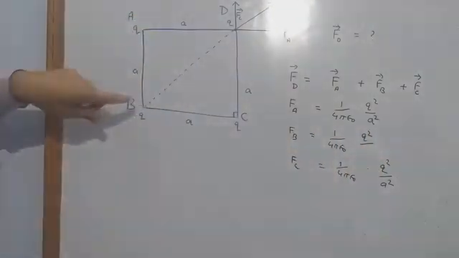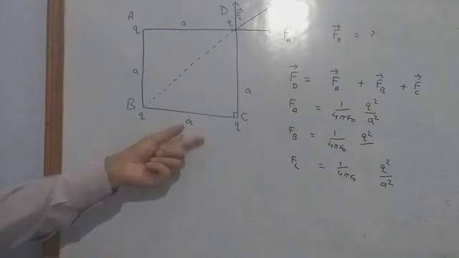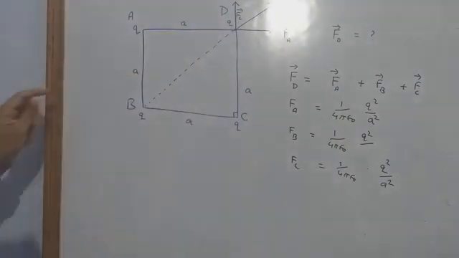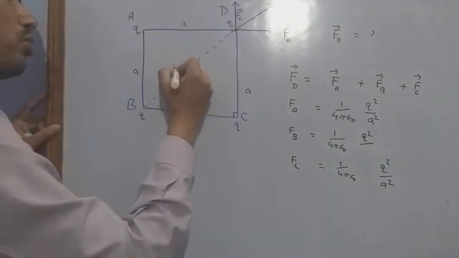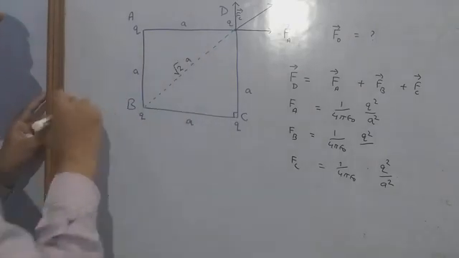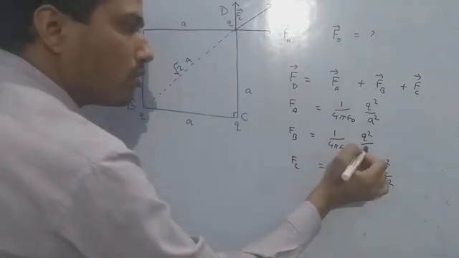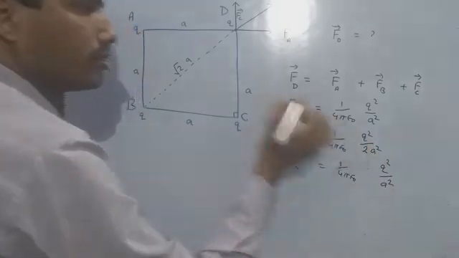What is this separation? This is the diagonal of the square. So this is a, Pythagoras theorem you can apply. So this becomes how much? Root 2a. So root 2a whole square will become twice a square.